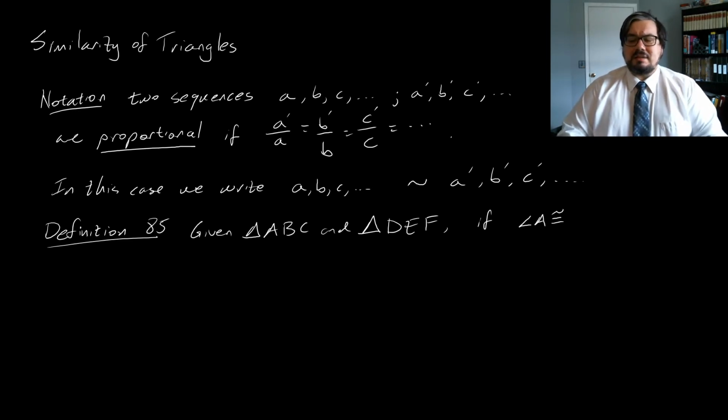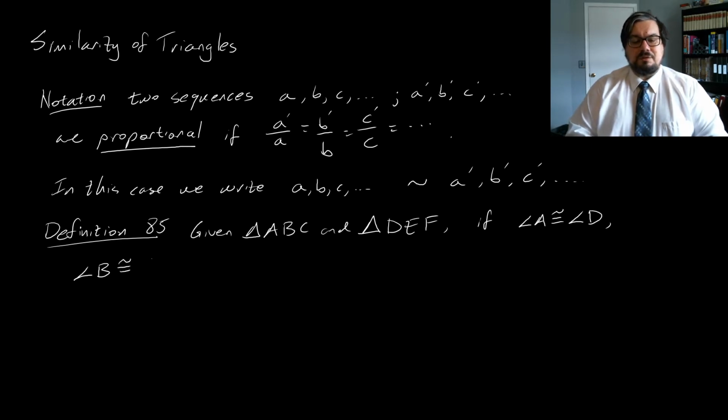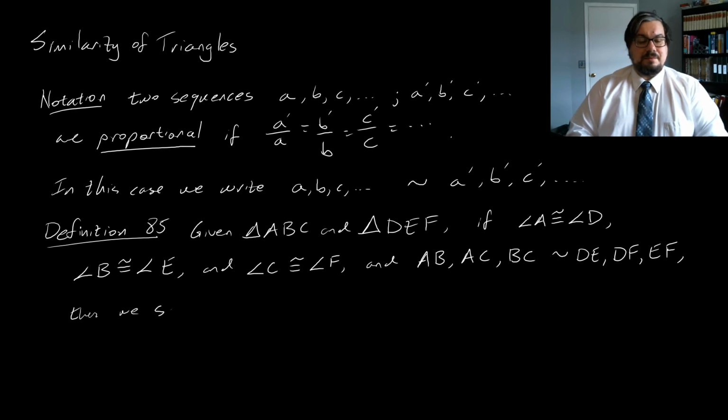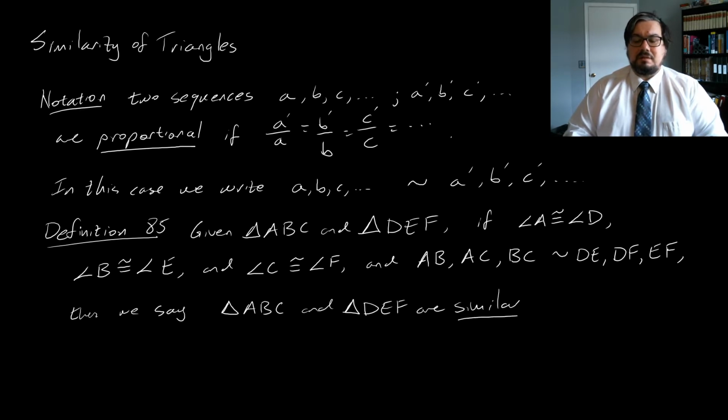If angle A is congruent to angle D, angle B is congruent to angle E, and angle C is congruent to angle F, and we have two proportional sequences, if the numbers AB, AC, and BC are proportional to the numbers DE, DF, and EF, then we say that the triangles ABC and DEF are similar, and we write that triangle ABC is similar to triangle DEF.